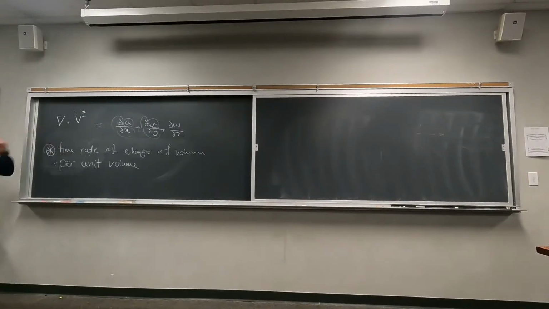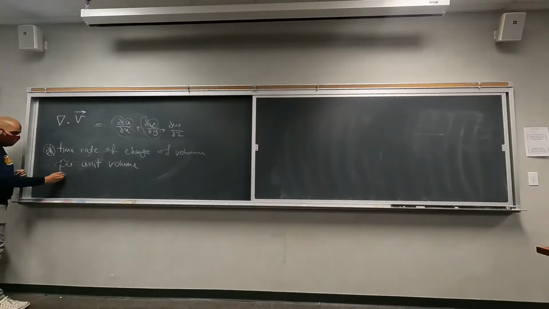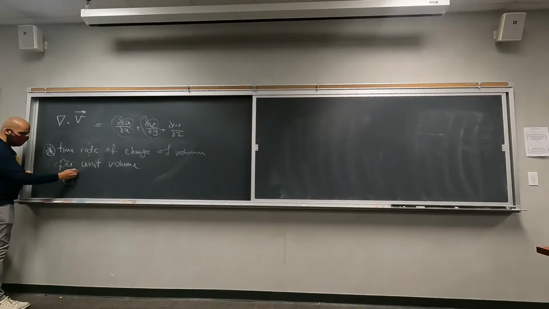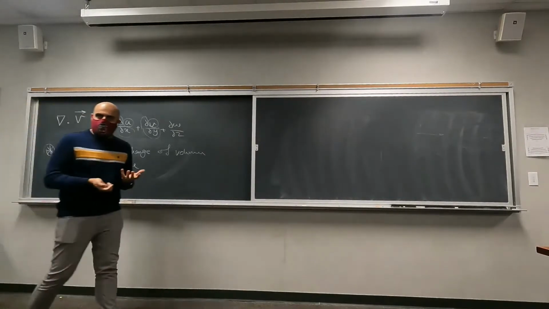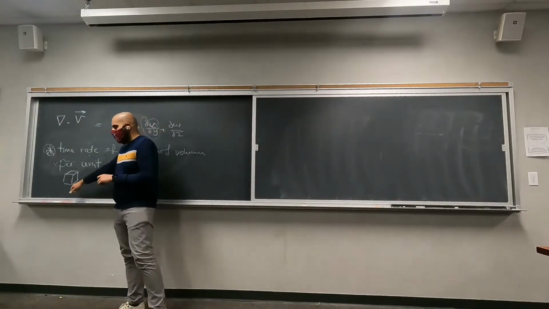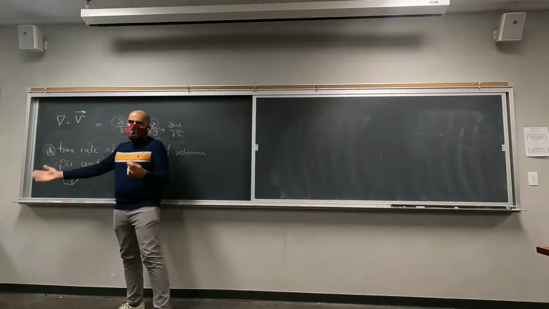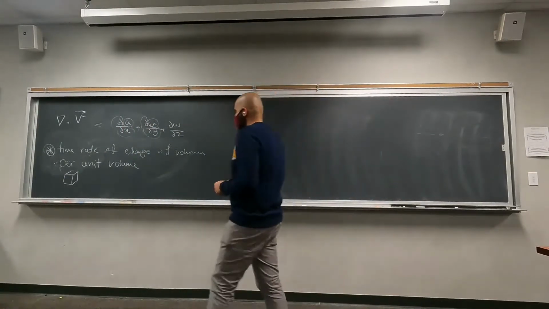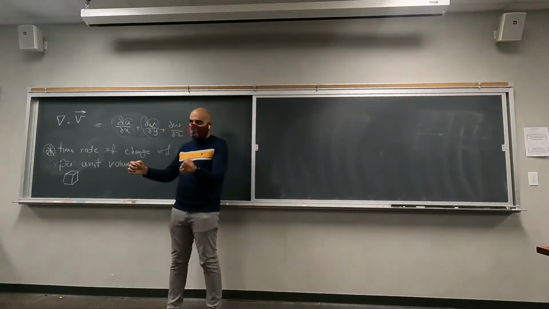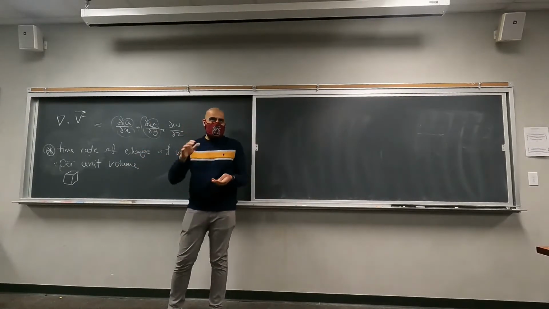So what is the value of the divergence of velocity for an incompressible flow based on this definition? Think of a fluid element. Zero, right? Why? Because in an incompressible flow, the volume of this fluid element cannot change. So the total changes in all of the directions should be eventually 0. So if you're pulling it in the x direction, it actually has to shrink in the other direction, right?